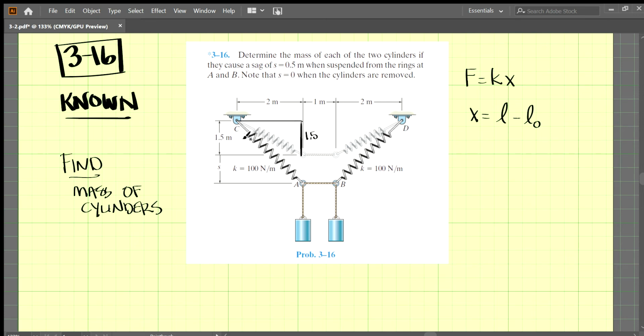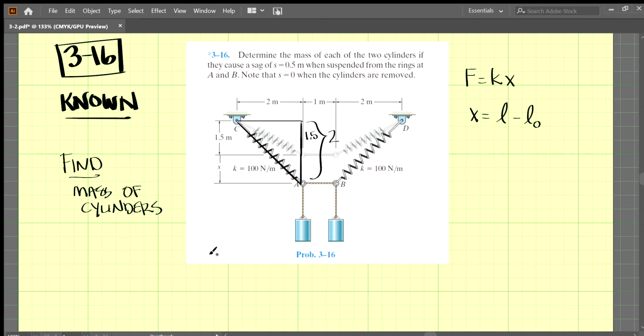And then we also have another, bigger triangle once it stretches. We know that the sag, this distance S, is 0.5 meters. So the long leg of this triangle is 2 meters.